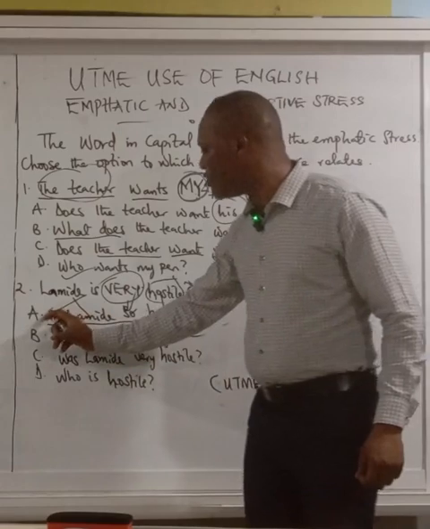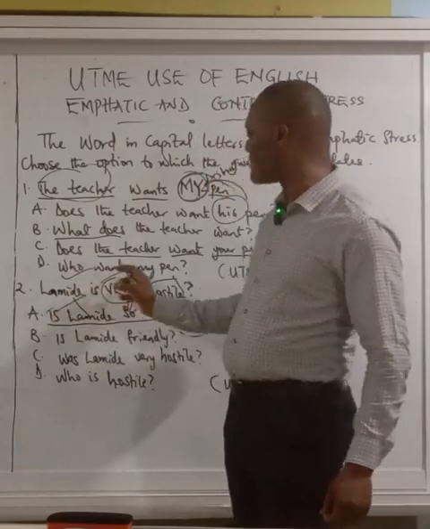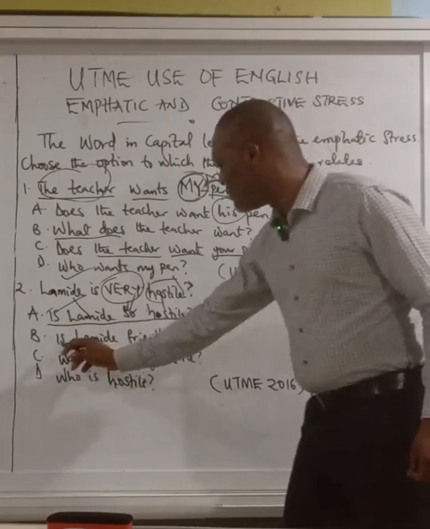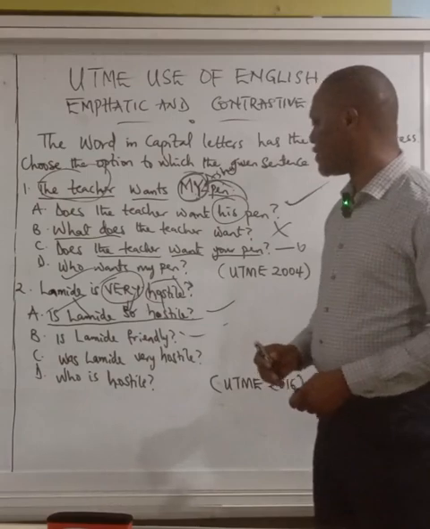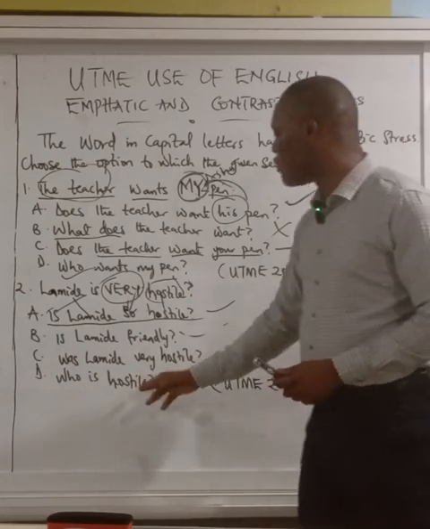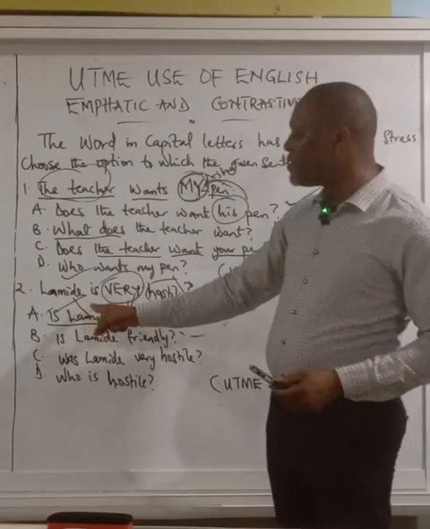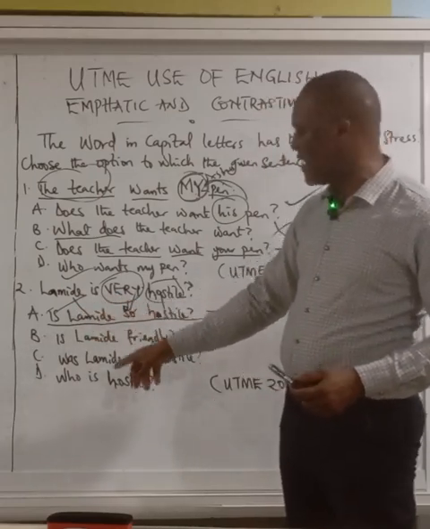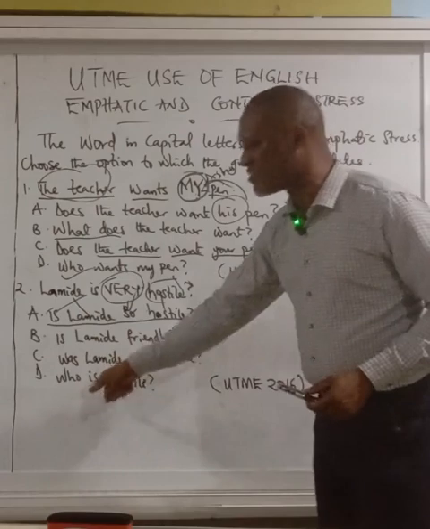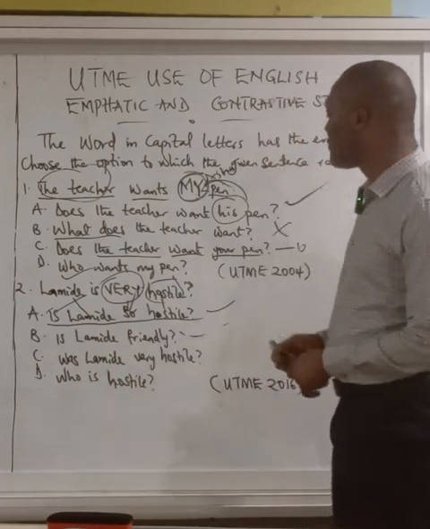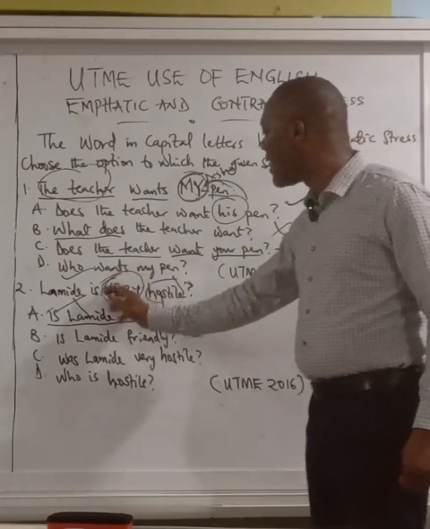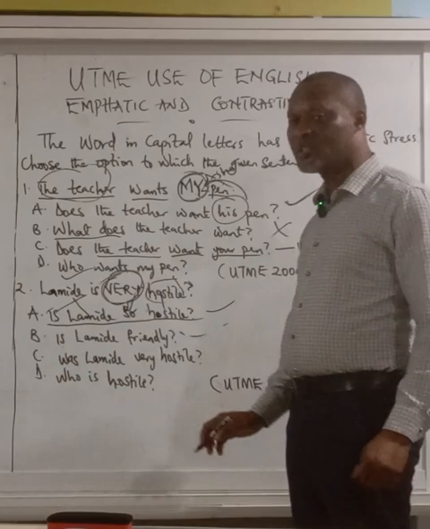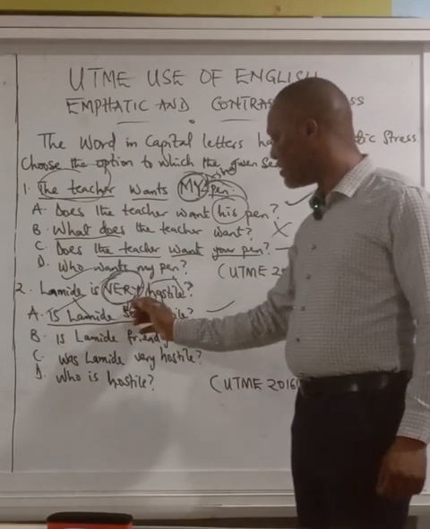Assuming that was is capitalized or emphasized in this question, then this can be right. Then, who is hostile? Assuming Lamide is capitalized or emphasized, you can ask who is being emphasized? You say Lamide. But the only option that contrasts this particular emphasized word, which is very, is so.